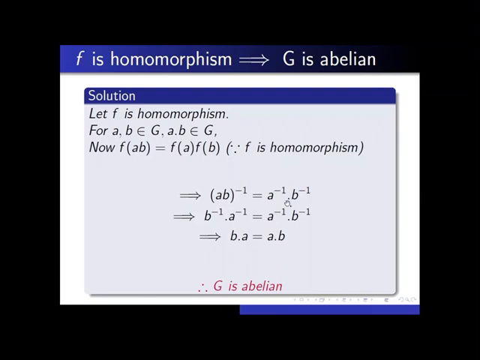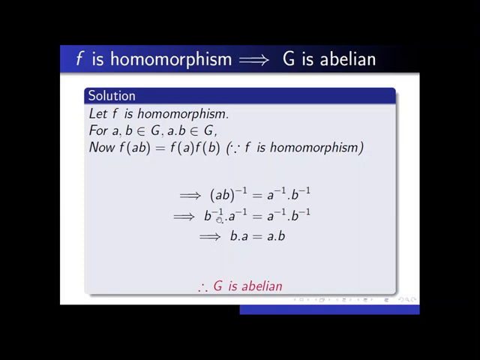So how could we write that here? According to the given definition in the problem, f of A is equal to A inverse. According to that, AB whole inverse is equal to f of AB. This is f of A, that is A inverse, and f of B is what? B inverse. Okay. Now AB whole inverse, according to the properties of groups, is B inverse into A inverse, which is equal to A inverse into B inverse.